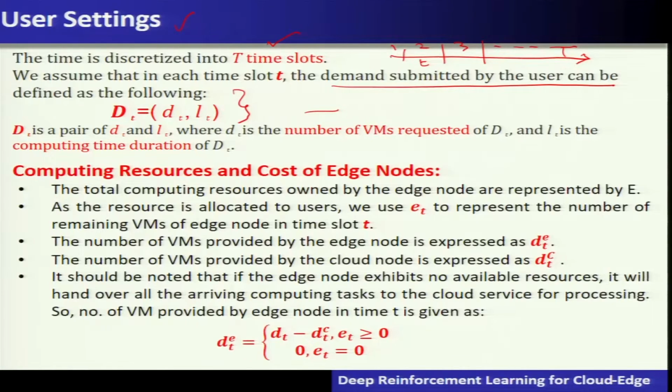The demand d_t is a pair of small d_t and l_t. Here small d_t is the number of virtual machines requested by the user demand at a time instance t, and the requested virtual machines also have another element associated with them, called l_t. It is nothing but the duration for which these virtual machines are required. So not only the virtual machines, that is the resources, but also the time.